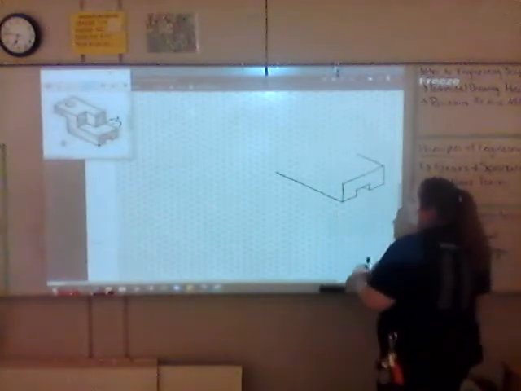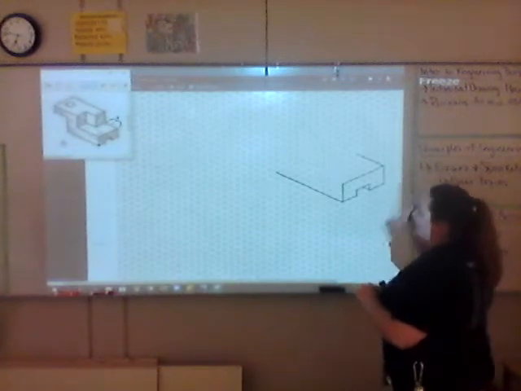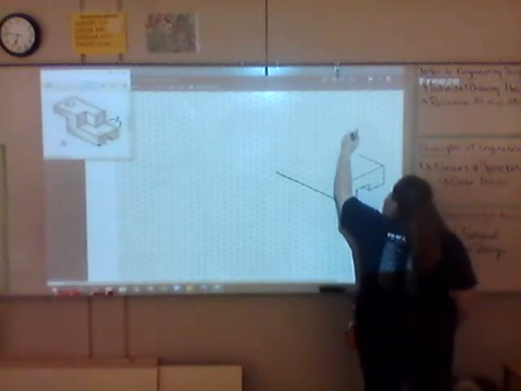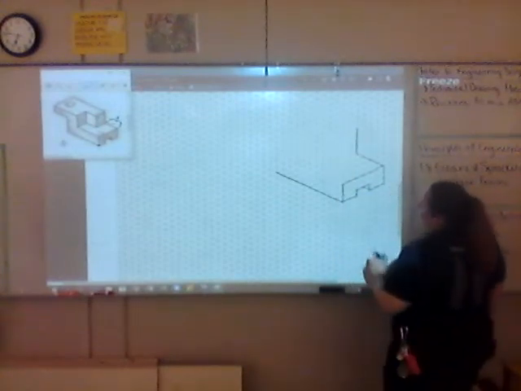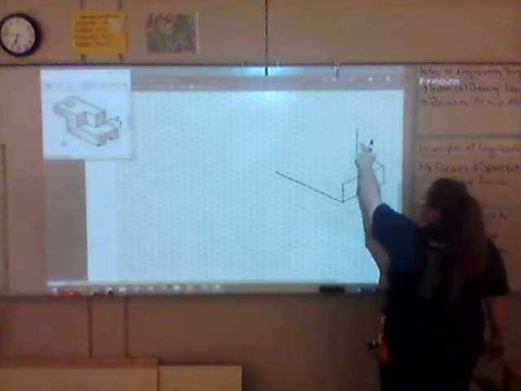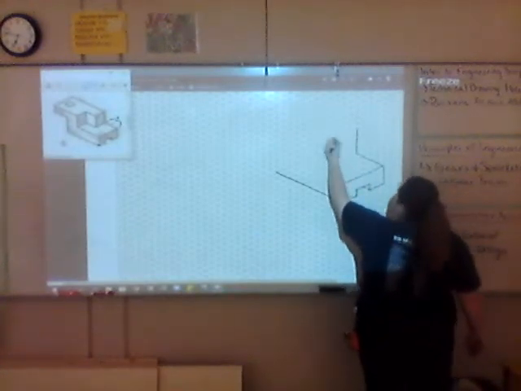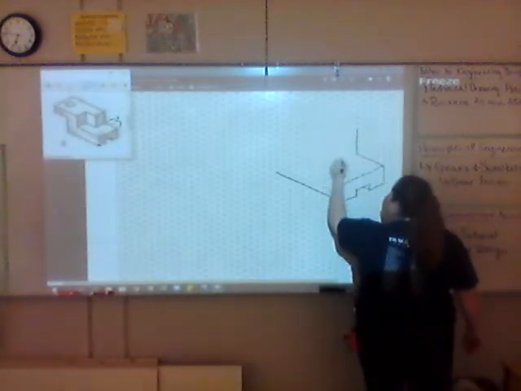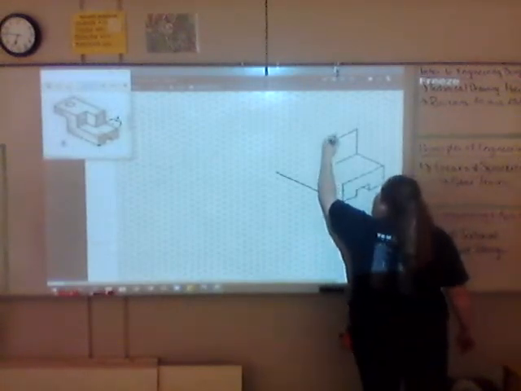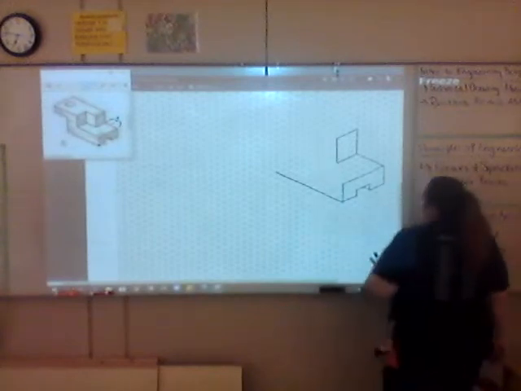Right there. And then what we need to do is we need to go up 4 to reach the top of the part, so right here. And then what we can see is that that rectangular face where we're at the back edge of comes forward 3 right here. Okay? And then all we have to do is finish that out.